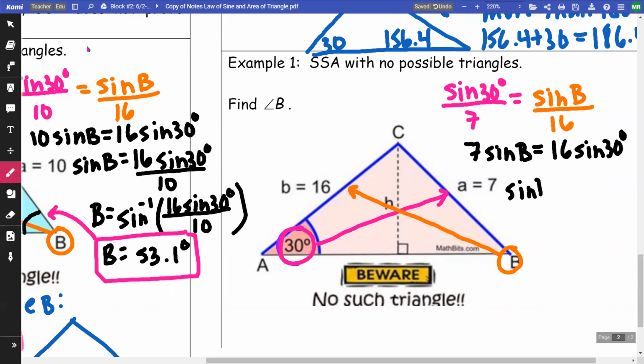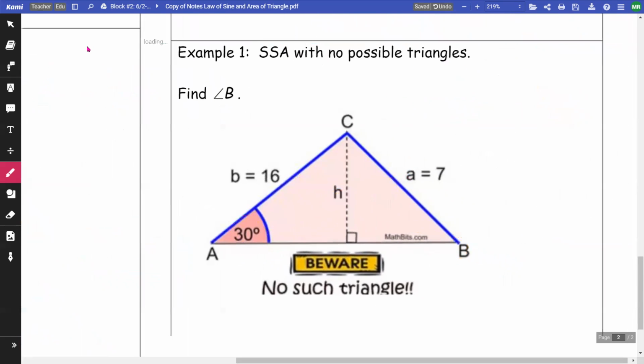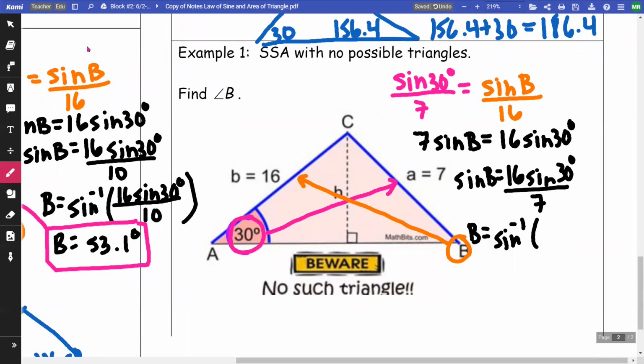So sine of B equals 16 sine of 30 degrees divided by 7. And then I want to find my B, which is my angle, so I need to do sine inverse of 16 sine 30 degrees over 7. I'm going to put that into my calculator and see what I end up getting.